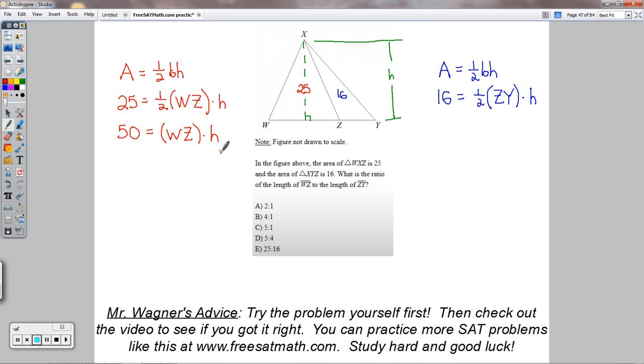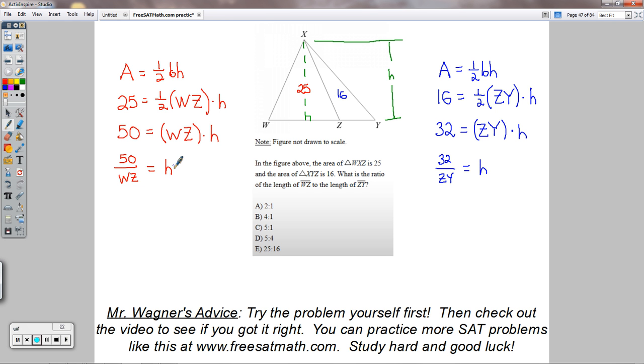If I wanted to say what H was in terms of WZ, I could divide both sides by WZ and say that 50 divided by WZ equals H. In a like manner, over here, I can multiply both sides by 2. I'd have 32 equals, the 1/2 would cancel with the 2, ZY times H. And if I divided both sides by ZY, I'd have 32 divided by ZY, ZY would cancel, equals H. Remember what we said about the H here and here.